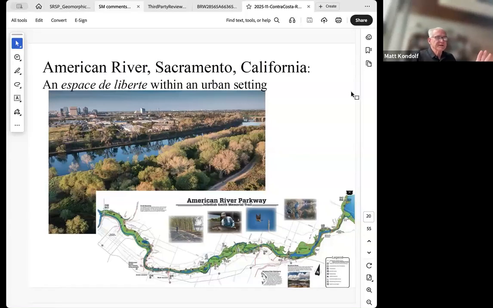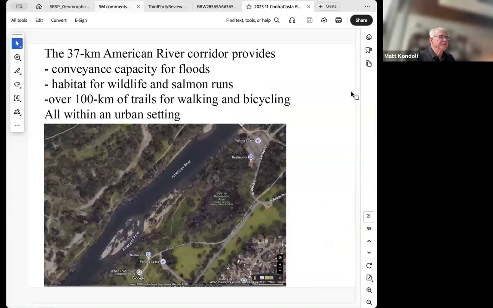It's got trails of various kinds. It still supports spawning salmon. Now, of course, there's a hatchery just below Nimbus Dam, so these are almost all hatchery fish, but there's some wild fish that go in there.